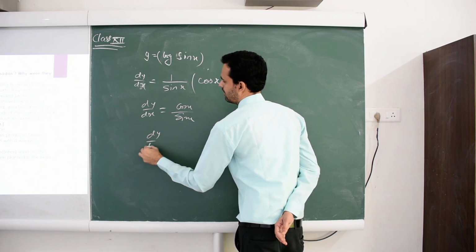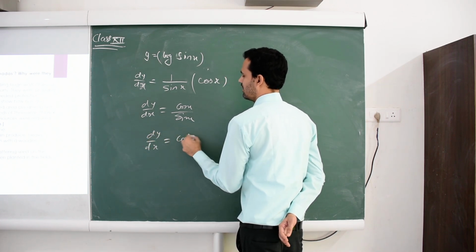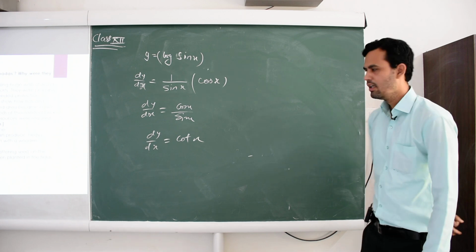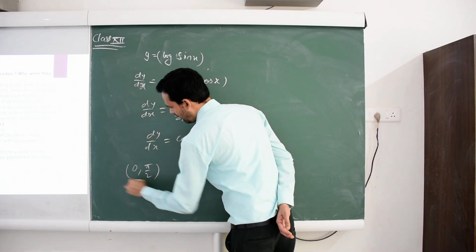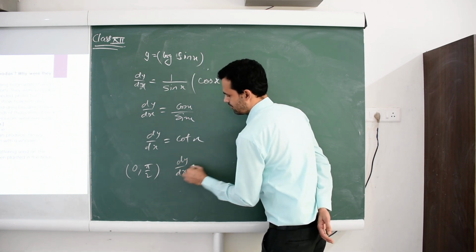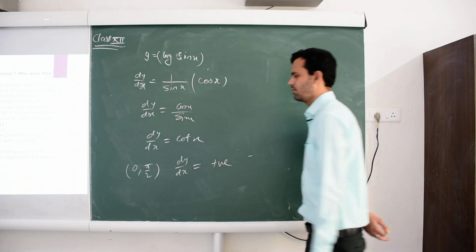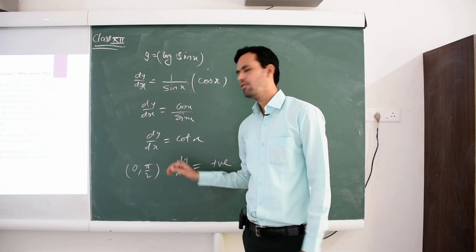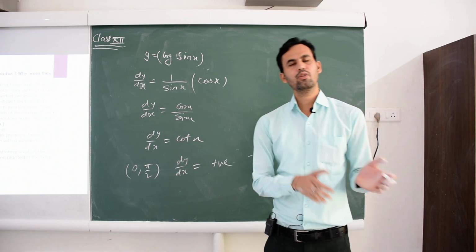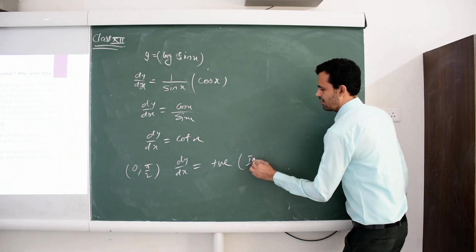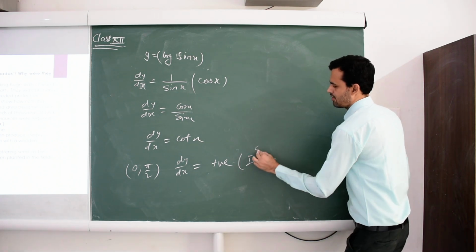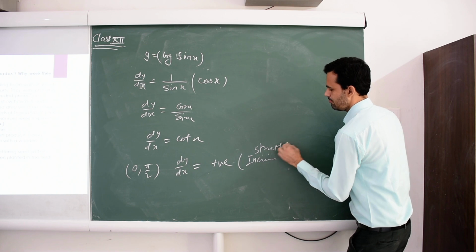We know that cos x upon sin x is cot x. Now the value of cot x from 0 to pi by 2 is always positive. We know that the value of cot x in the first quadrant, from 0 to 90 degrees, is always positive. Therefore dy by dx is positive, so the function is strictly increasing in 0 to pi by 2.